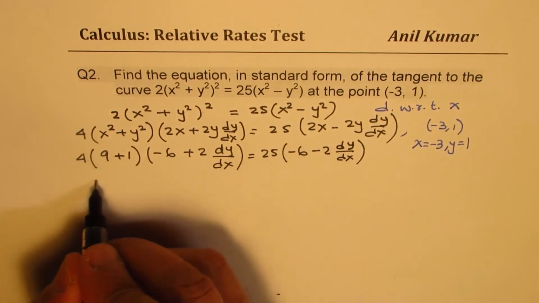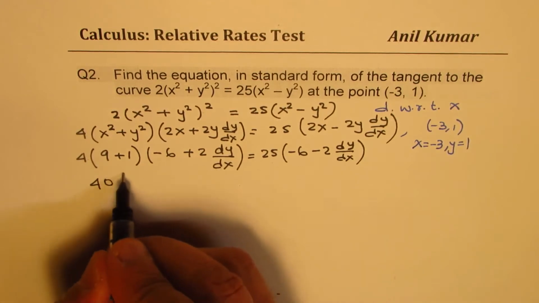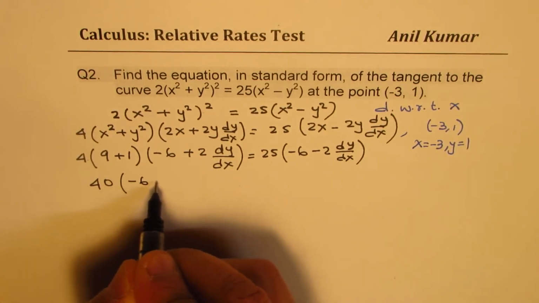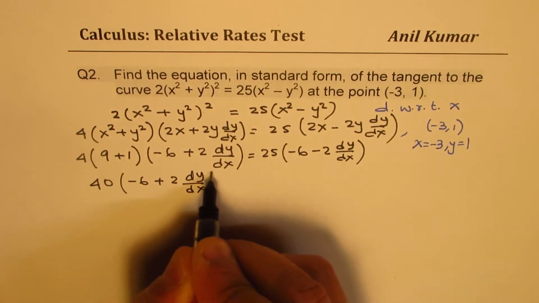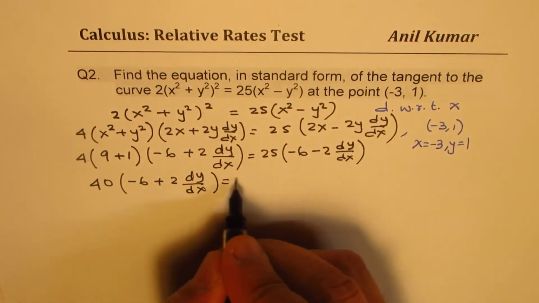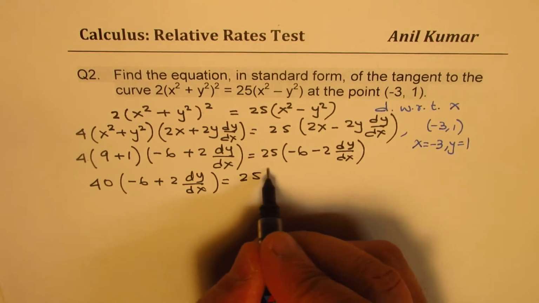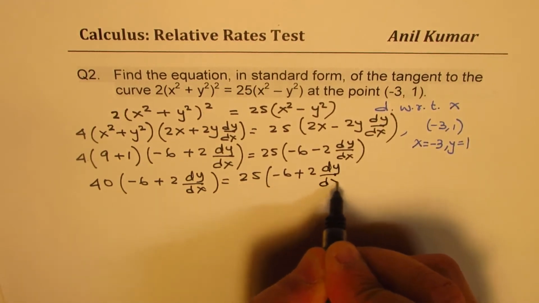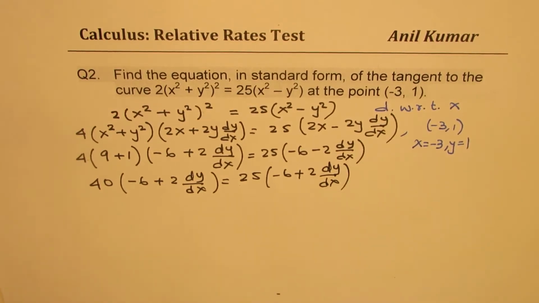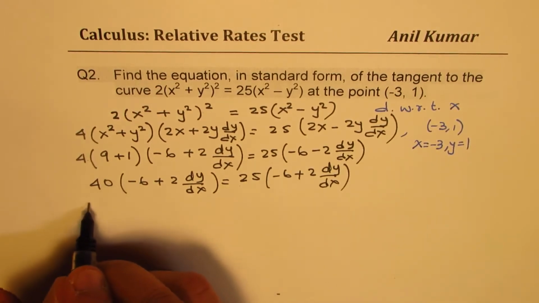So that is 40. So we get 40, and here we have -6 plus 2 dy/dx equals 25 times (-6 plus 2 dy/dx). So let's open the bracket and then simplify it further. So -6 times 40 is -240.